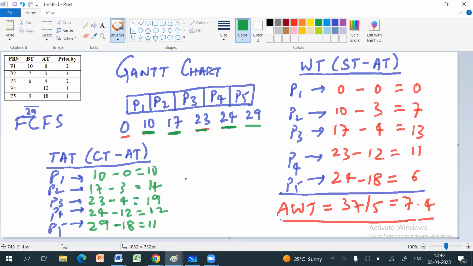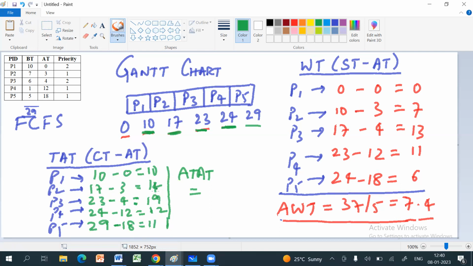So now the average turnaround time is the sum of all these values divided by 5, the total number of processes. That would be 10 plus 14 plus 19 plus 12 plus 11, divided by 5.